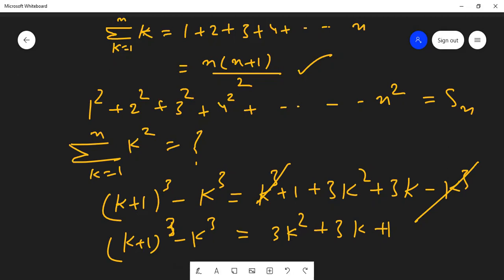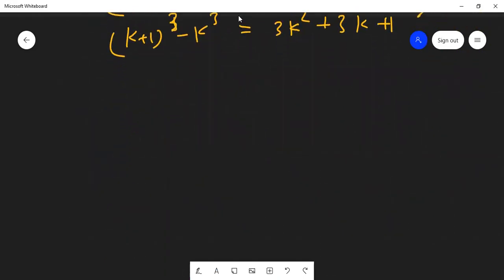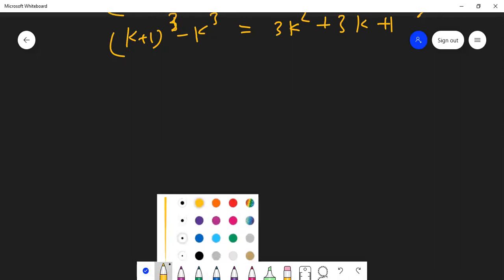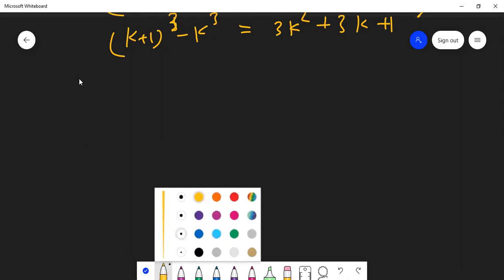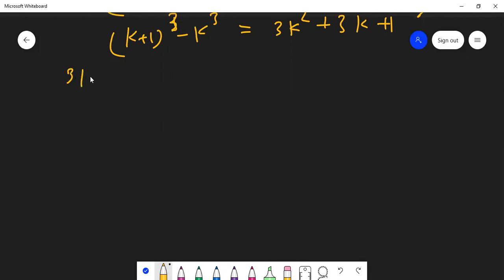Now what we can do is put values of k in this expression. Can we write this left hand side as right hand side, just for convenience? So we are writing this quantity 3k square plus 3k plus 1 on the left hand side, and on the right hand side it comes k plus 1 cube minus k cube.